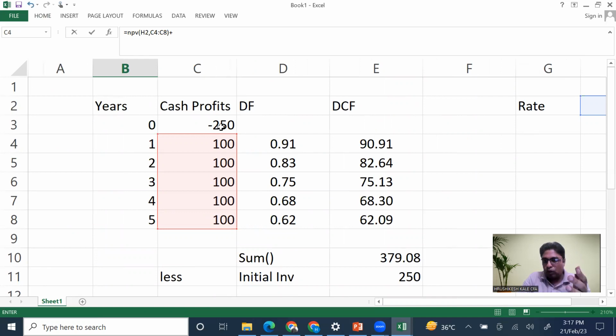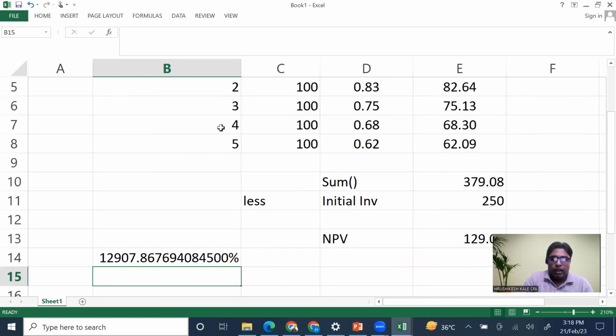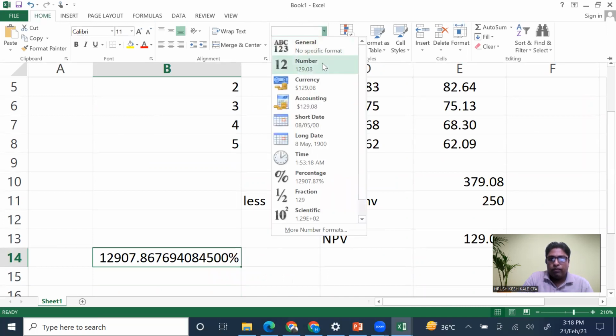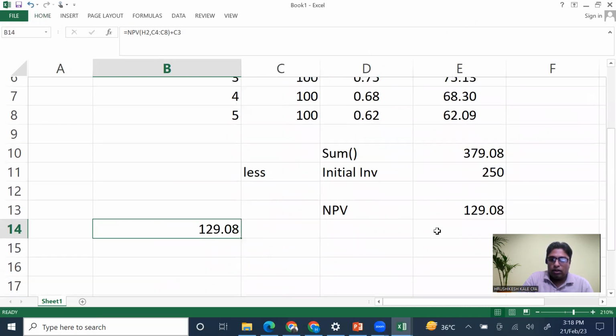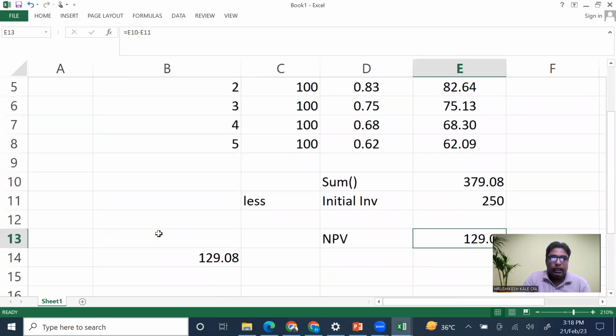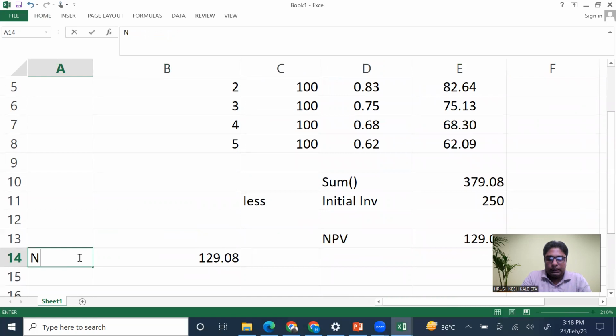When cash is going out, the sign is negative. When cash is coming in, the sign is positive. Then you subtract it. And they have given it in percentage, convert it into number, and voila. Look, the NPV which we have calculated and the NPV which Excel has calculated come out to be the same.